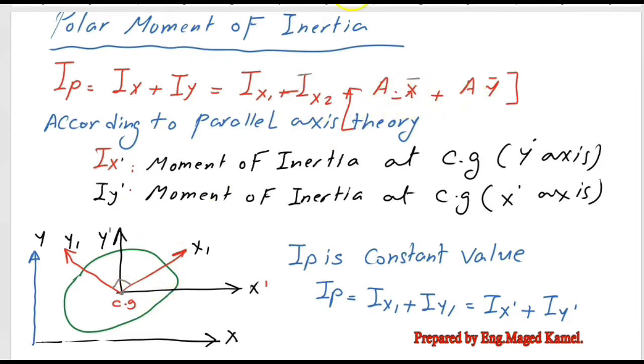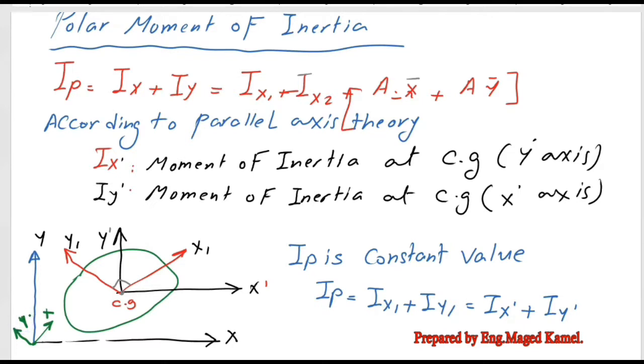And if we again select any two orthogonal axes, we can call them whatever name, capital X and capital Y, then the I polar will again equal the summation of I capital X plus I capital Y.